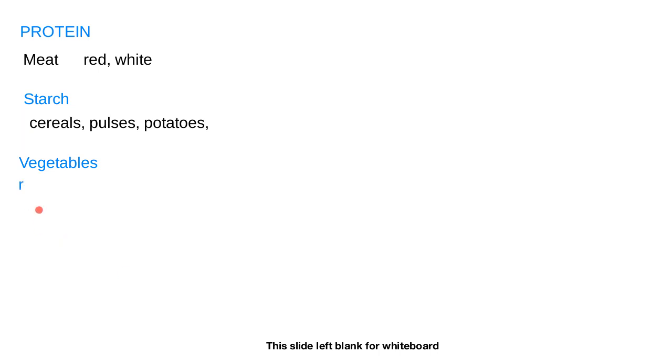So we have the root vegetables, we have the tubers, we have the leafy, we have the fruit vegetables, we have the bulb, we have the stem.